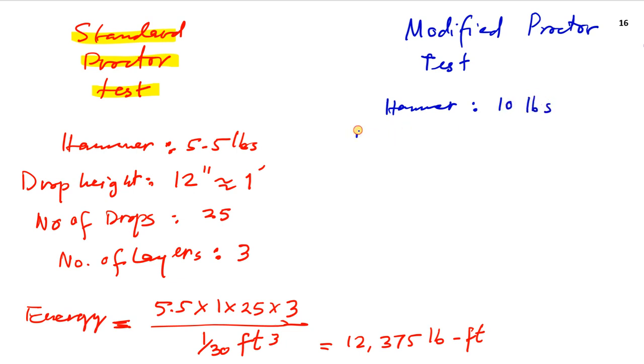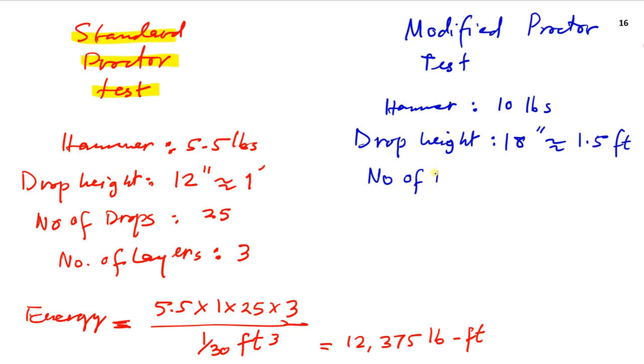The drop height of this hammer is 18 inches. 18 inches means if you divide it by 12, it is going to be 1.5 foot. And the number of drops on each layer is the same, 25, but this time we are going to compact it in 5 layers. The number of layers is not 3, but 5.